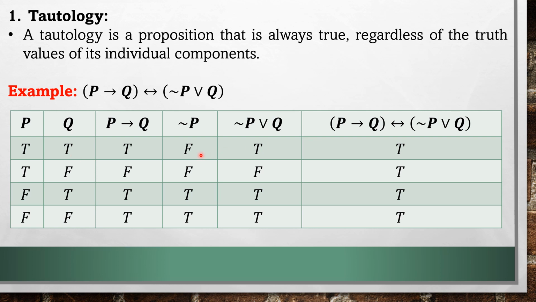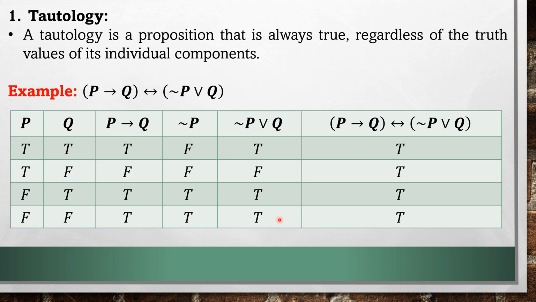So, we have false or true, that is true. False or false, that is false. True or true is also true. And then true or false is true. Bakit po? Because in our or statement, it is true if we have at least one true.